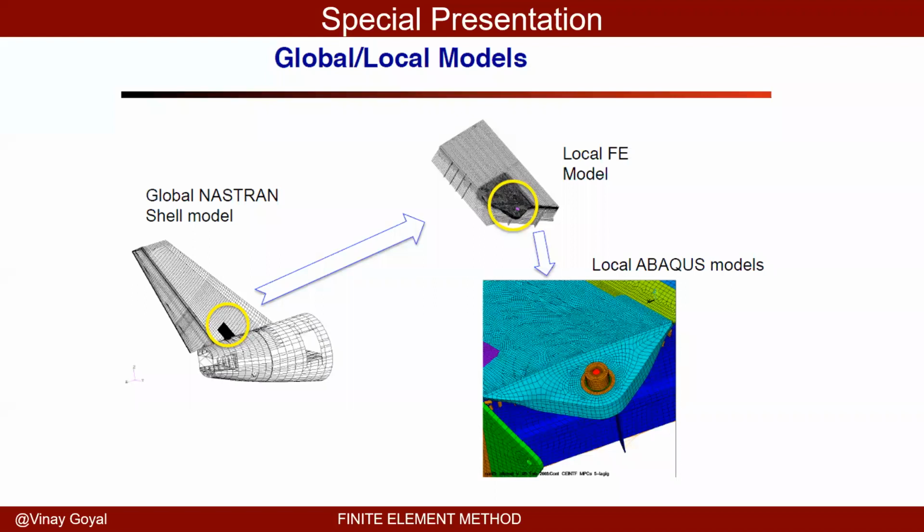Here are the global local models of a tailplane. We actually did this for one of the aircraft accidents. We analyzed the vertical fin, where the vertical tail is joined to the tail cone. We modeled that with a local Abaqus 3D model.